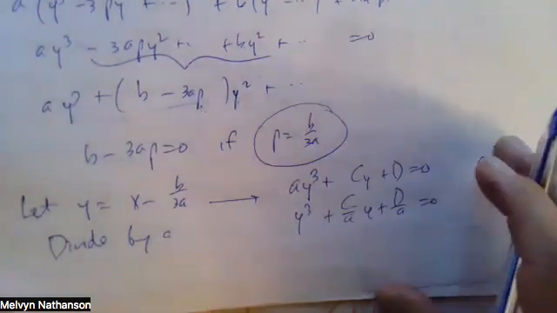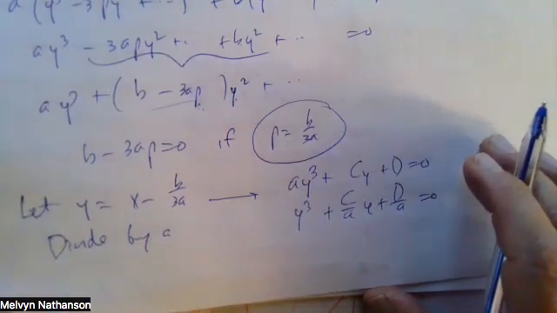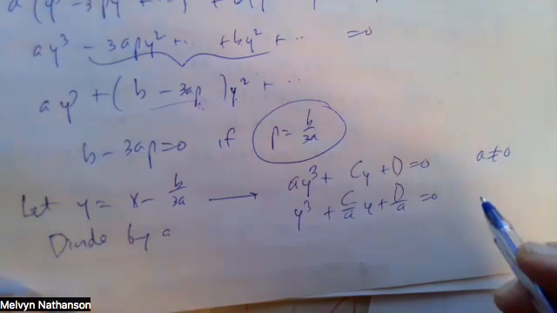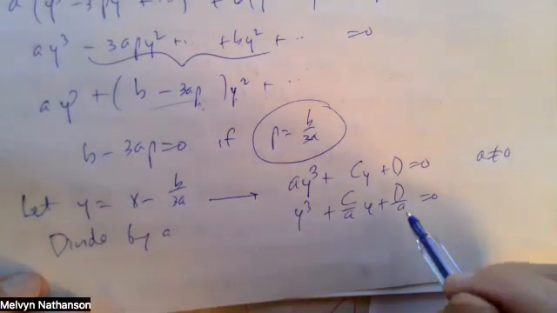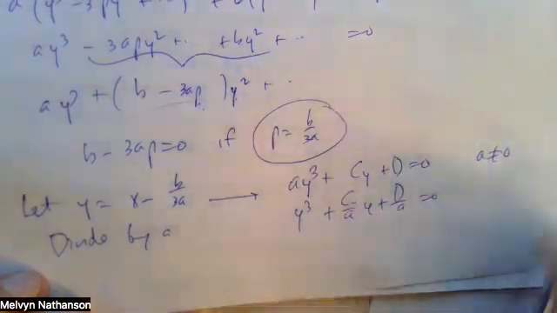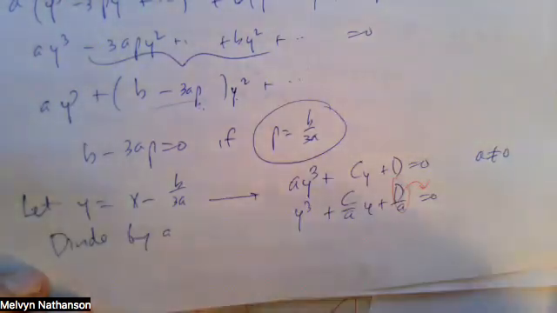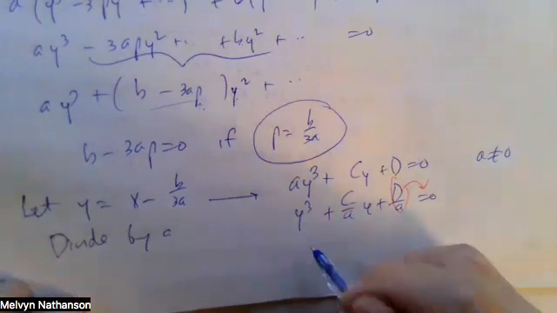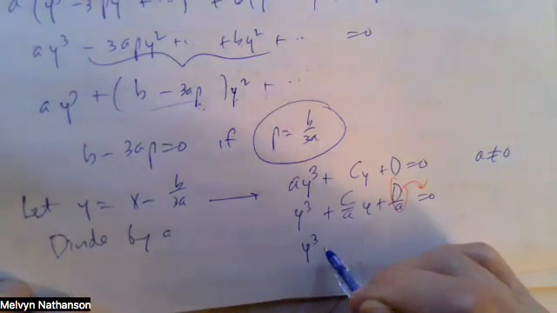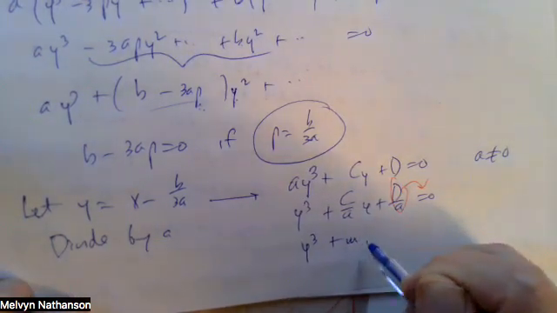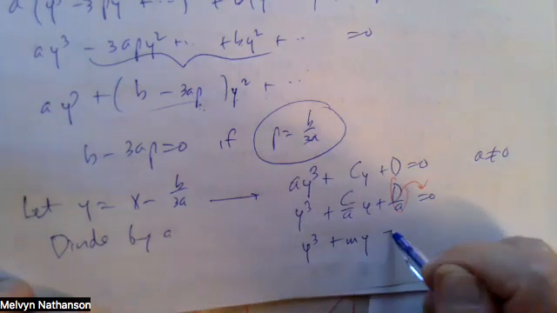And what the Italians did, for whatever reason, is they put this term on the other side of the equation. So the cubic is of the form y cubed plus something that's called m times y equals n.